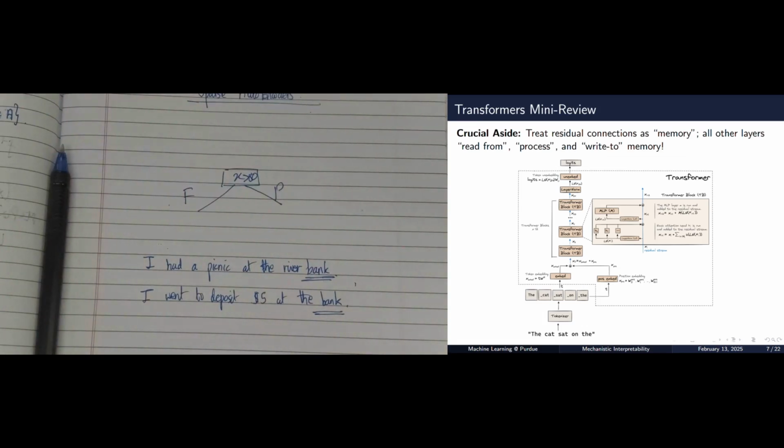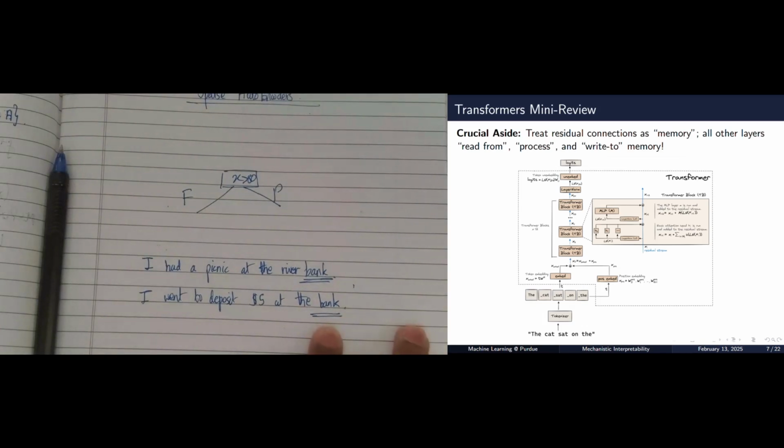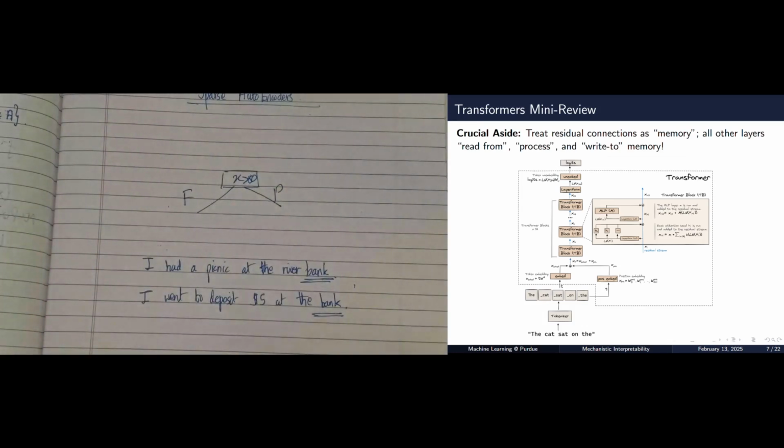And now you have to actually do the task, right? You understood that bank means the financial institution, but you also have to predict the next word. That's the objective of the language model. So that actual objective of predicting the next token is achieved by the MLP in large part, because the MLP has the majority of the parameters within the model.